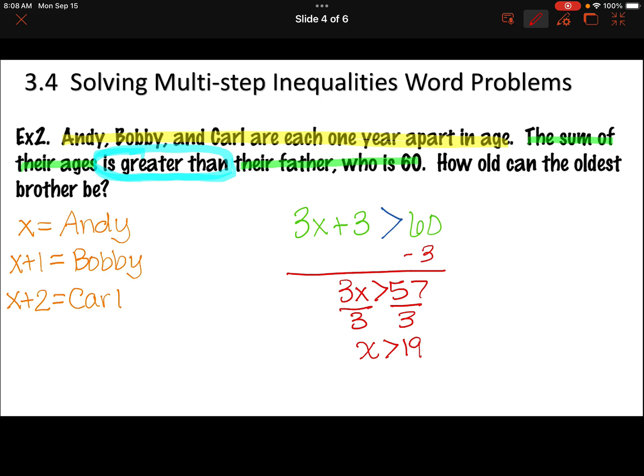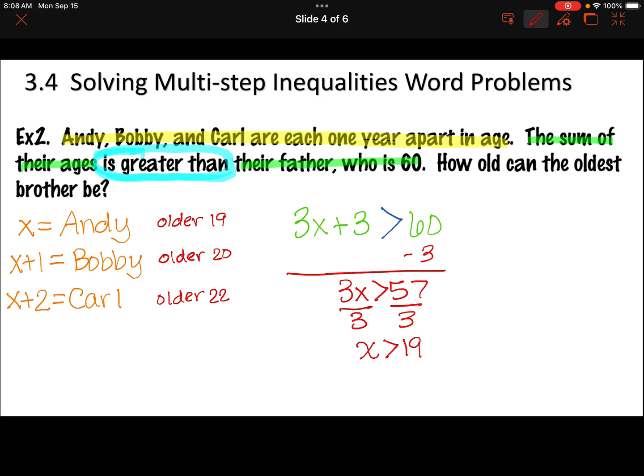Okay, so if Andy needs to be older than 19, then Bobby needs to be older than 20, which means Carl needs to be older than 21. So what is the youngest age that the oldest brother can be?